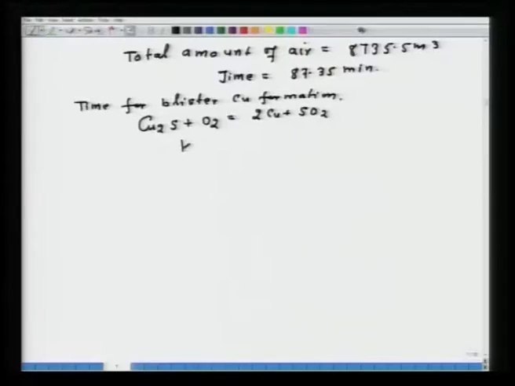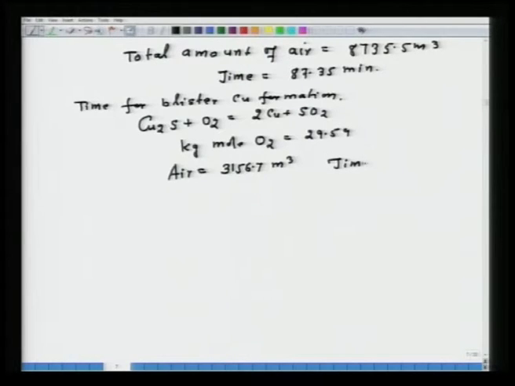So, the kg moles of O2 required is equal to 29.59, and from here if you calculate air, that is equal to 3156.7 meter cube, of course at 1 atmosphere and 273 Kelvin, and the time which comes is 32 minutes. So, that is the answer for I think part C.